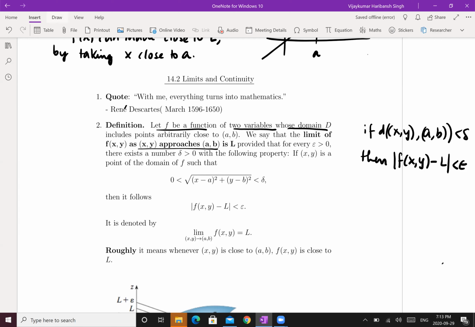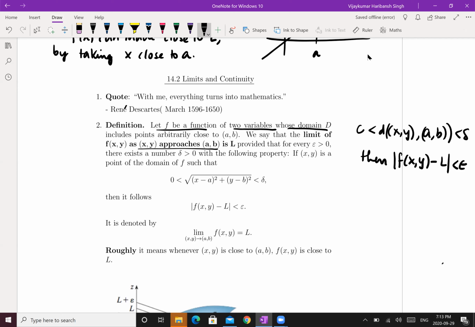Since there's a possibility that the function is not defined at (a, b), we require the distance between them to be greater than zero, and this implies the distance is less than epsilon.